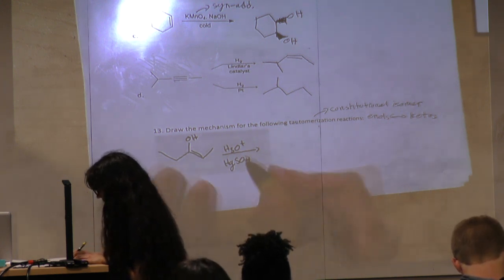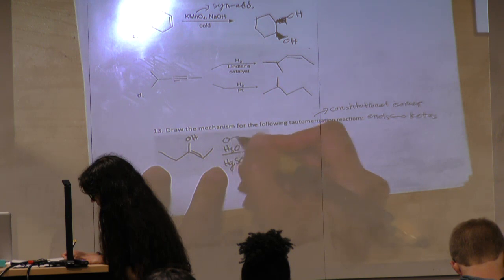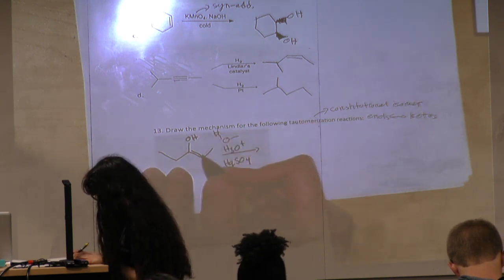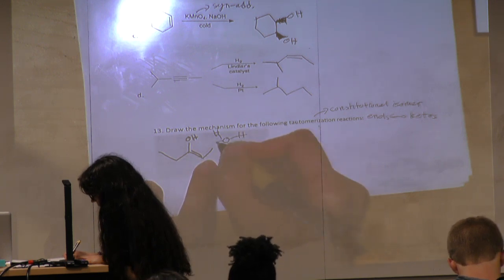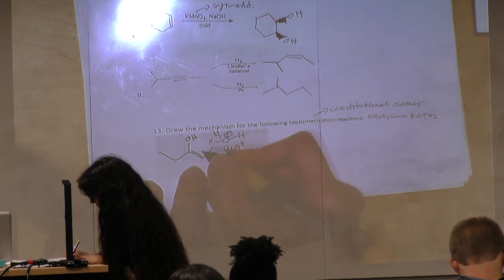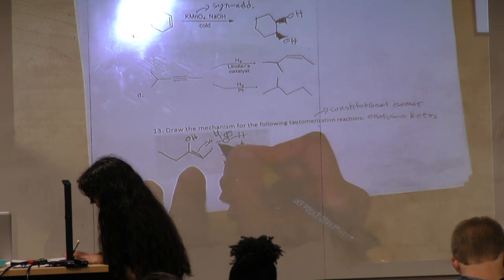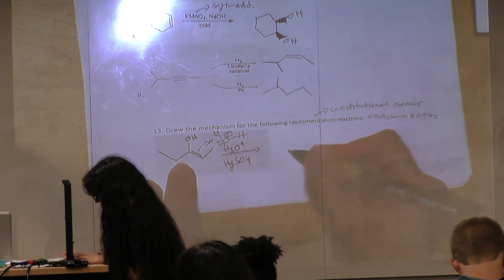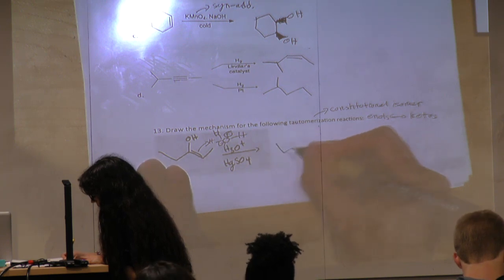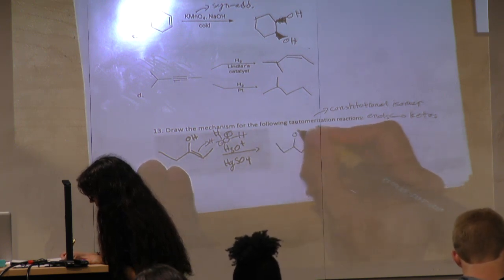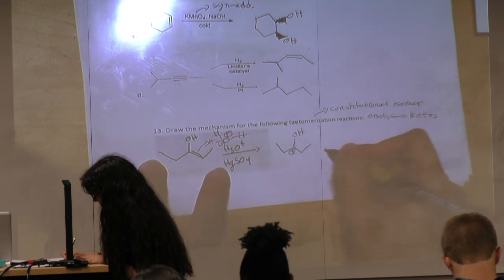So what's going to happen is we have H3O+. We're going to make this into a keto. So we're going to go from an enol to a keto. H3O+. So this double bond is going to pick off a hydrogen. And we're going to get a carbocation intermediate at the most substituted area, which is right there.